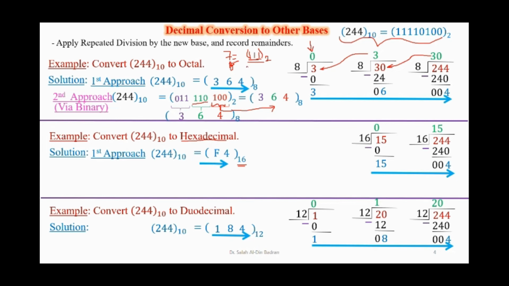Or another way to understand why we have separated them by 3. The octal number means we have 8 symbols. 8 corresponds to 2 to the power 3 in the binary system world.